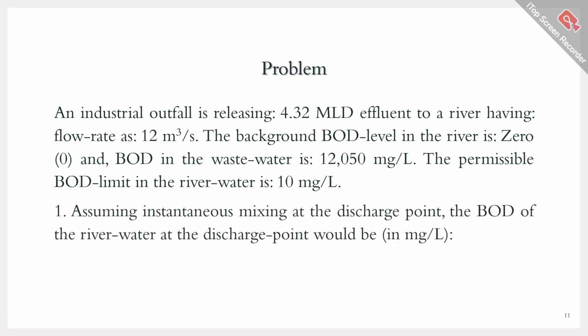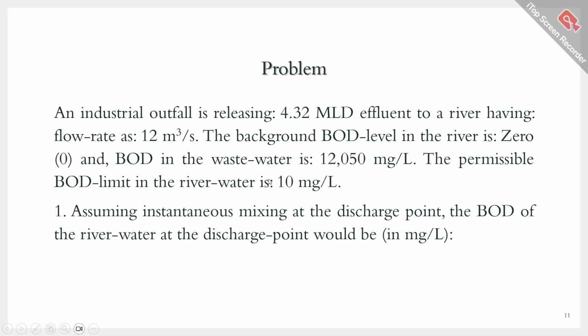Now, there are several problems. Number one is, assuming instantaneous mixing at the discharge point, the BOD of the river water at the discharge point would be in milligram per liter. So we can see that the wastewater stream that is coming out, that is the industrial outfall, has a volumetric flow rate of 4.32 MLD. So its BOD is 12,050 milligram per liter, and the river water BOD is 0, with flow 12 meter cube per second.